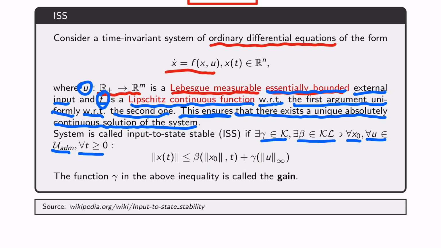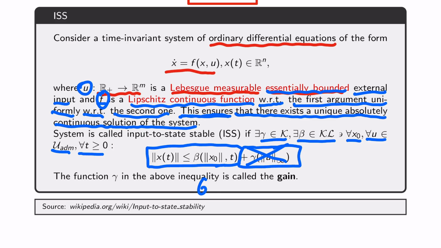As you can imagine, first of all, let's try to understand what this is. If you ignore that part, we have basically seen that part, when you have 0 inputs. This is what we need to have for the global asymptotic stability property, right?